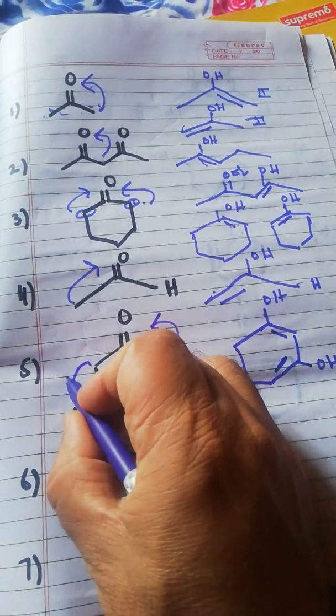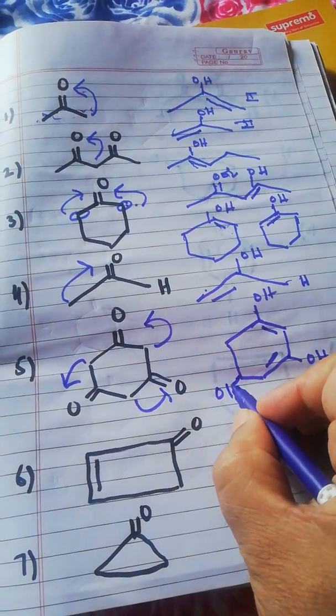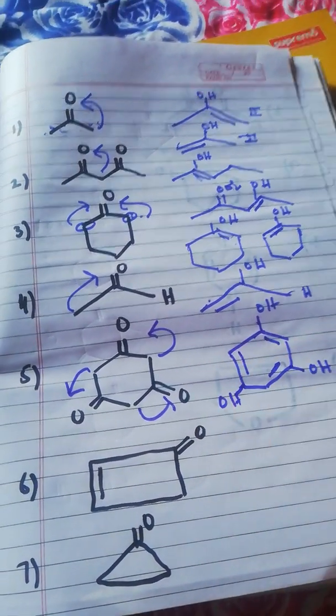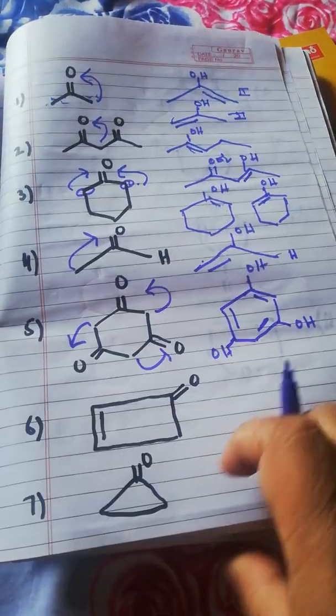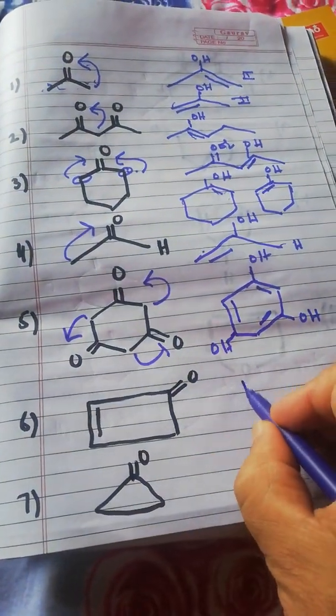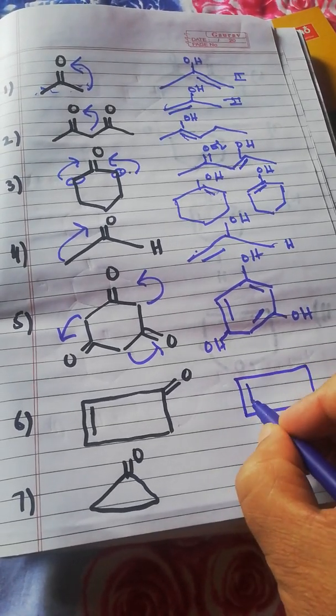If it gets migrated from here, it will form a structure with OH, and the double bond will come here. So this is an aromatic structure. This is the enolic form of this structure. Coming to this, the enolic form will be like this, which will be highly unstable because of its anti-aromatic nature.